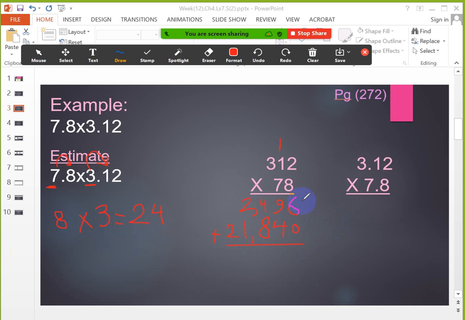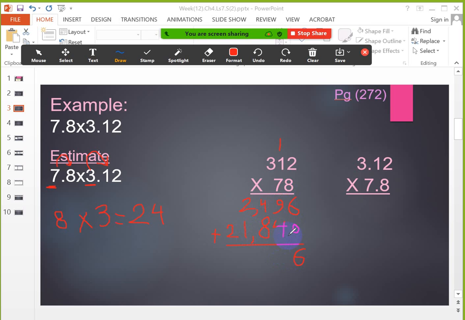Yes, teacher. 6 plus 0 plus 0 is 6. Very good. Now 9 plus 4.